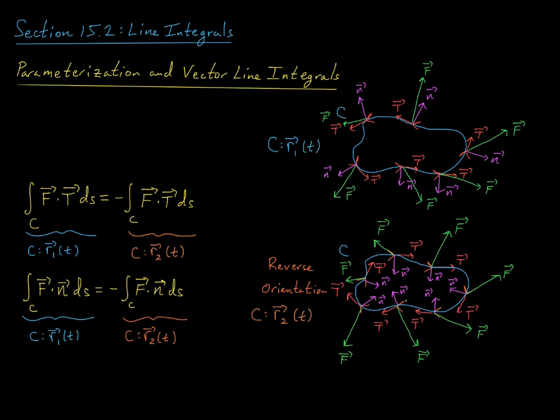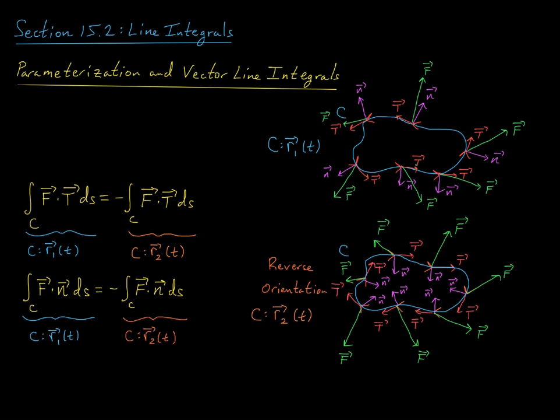And for this force vector F, what's happening to the angle now between F and T and N? Well, if I compare this force vector right here to the same force vector down here, but look at how its position is now relative to the tangent and normal vectors, see the angles now are going to be supplements of one another.